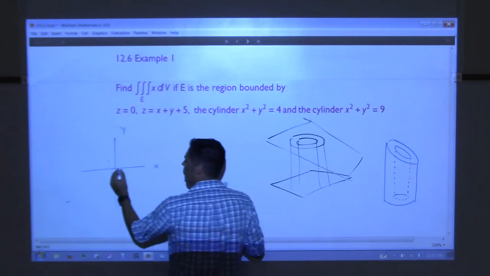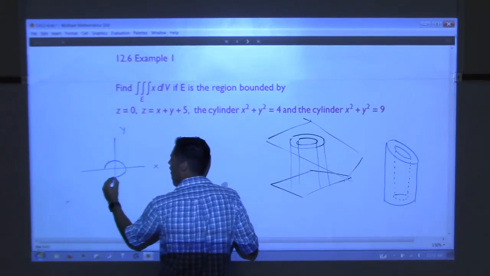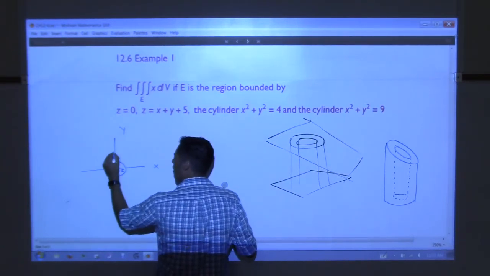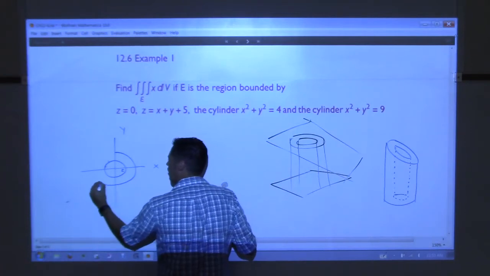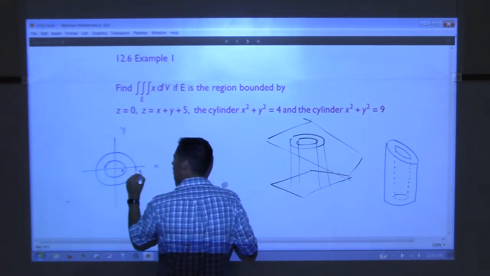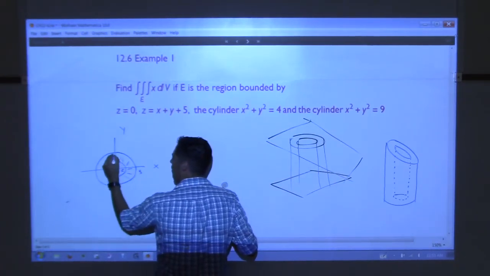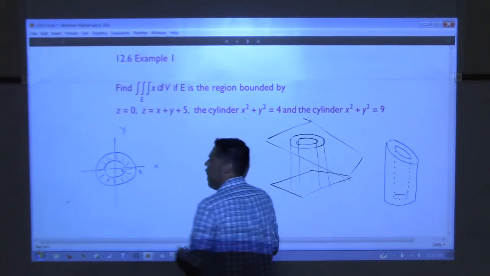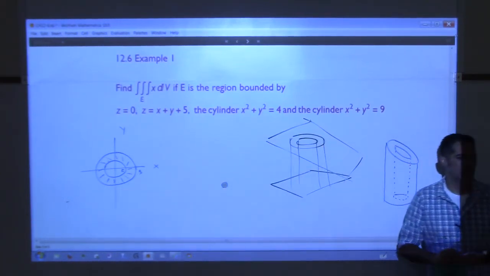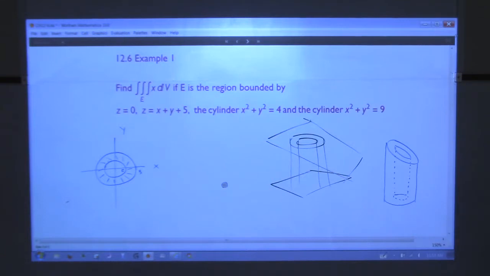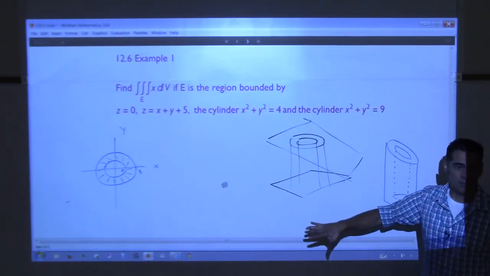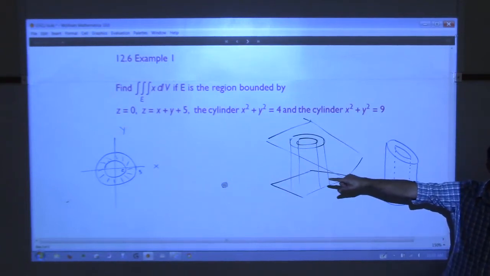We've got a circle here, radius 2, and then an outer circle, radius 3. And we're talking about this region right here. That's the shadow on the ground. That's good, I think we have some control over the ground. That's a polar region on the ground.